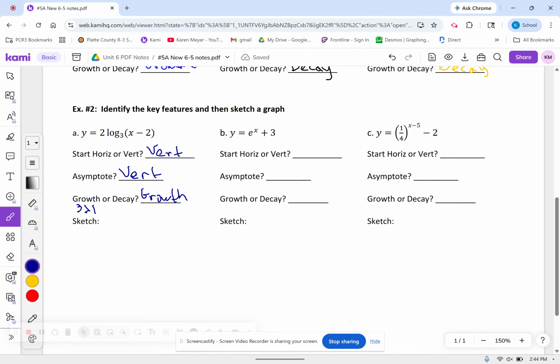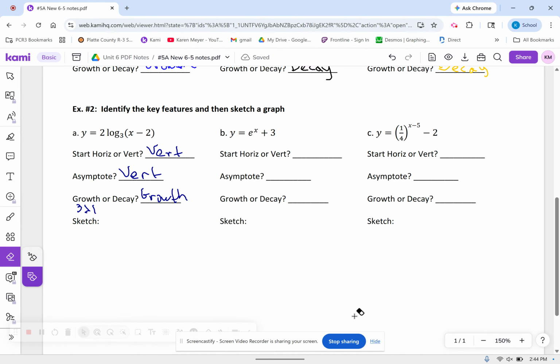Wrong button. Here at this asymptote, besides putting vertical, let's go ahead and put what the vertical asymptote is. So let's go x equals, and what you're going to do is look at what's inside the parentheses here.